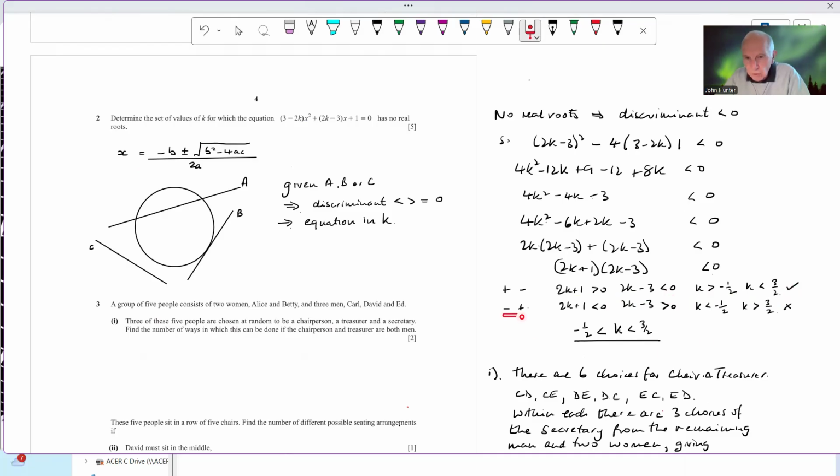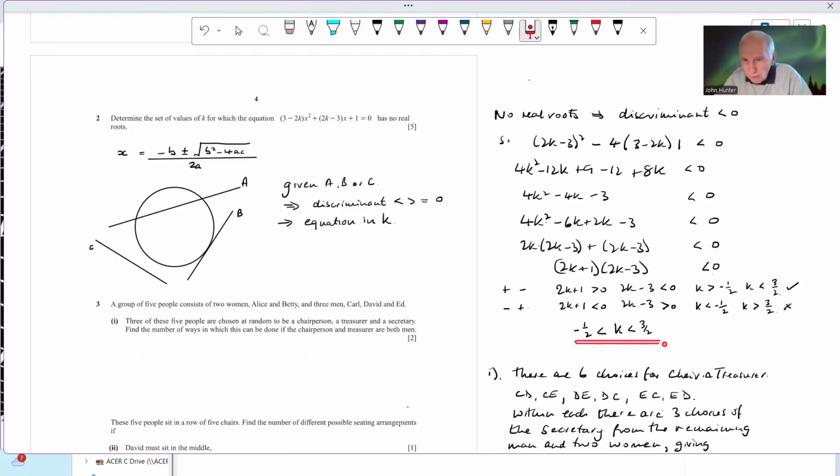If we look at the other way around, the negative and positive, we find that we end up with k is less than minus a half and k is greater than 3 over 2. Well, we can't have that, can we? It can't be both less than minus a half and greater than 3 over 2. So that one doesn't provide a solution, and we're just left with what we've got in the first one.